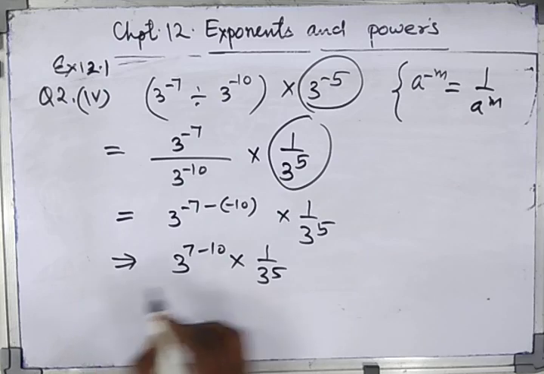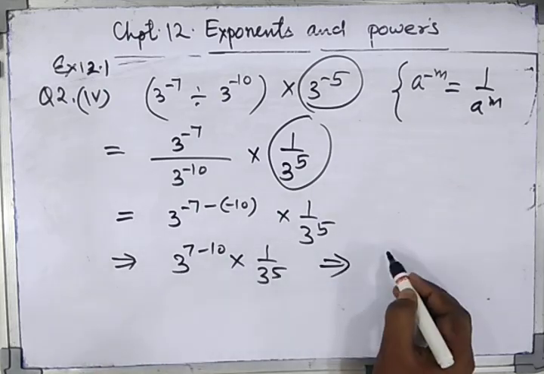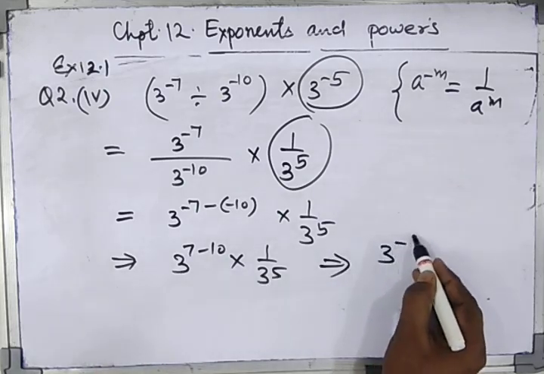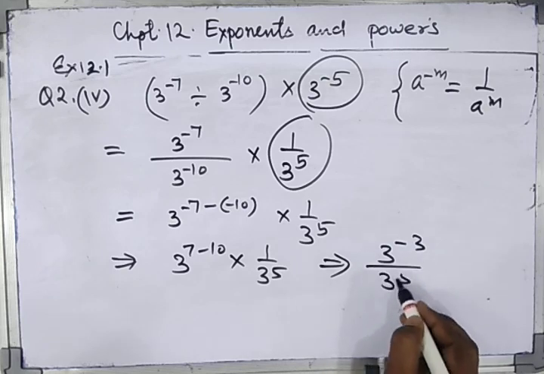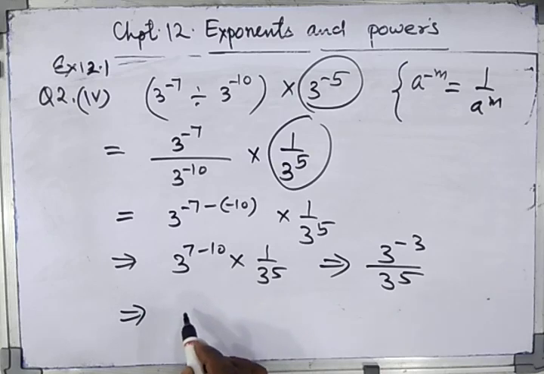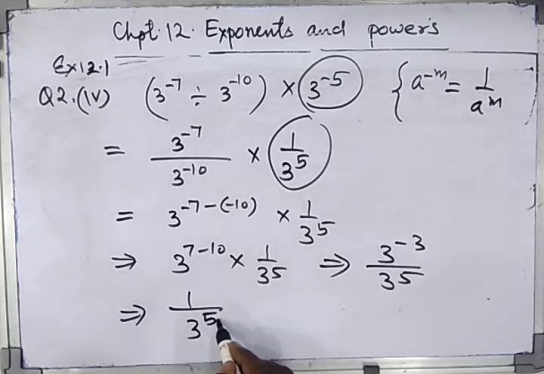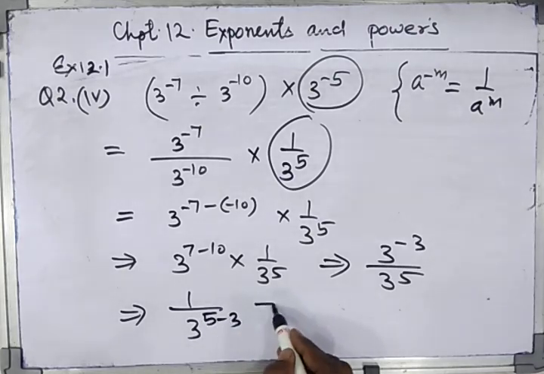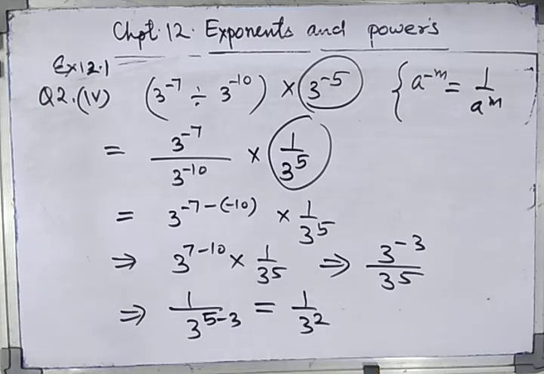So this will be equal to 3 raised to minus 3 by 3 raised to 5, which is equal to 1 by 3 raised to 5 minus 3, which is 1 by 3 raised to 2. This is the required answer, students.